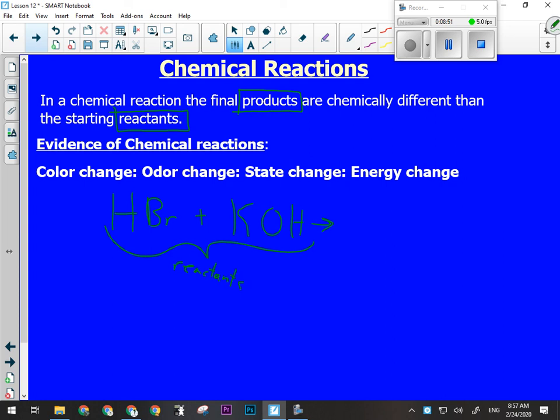Before the break, if you recall, I said if I write something down, you should definitely add it. So this is an example here to illustrate the difference between reactants and products. The products of this reaction are going to be water and potassium bromide. So these are our products.